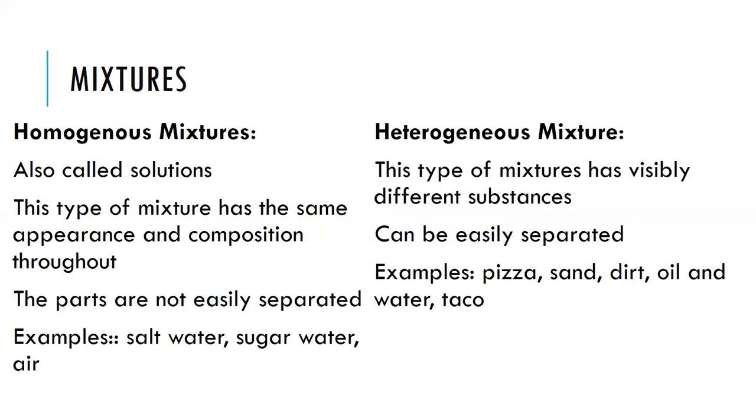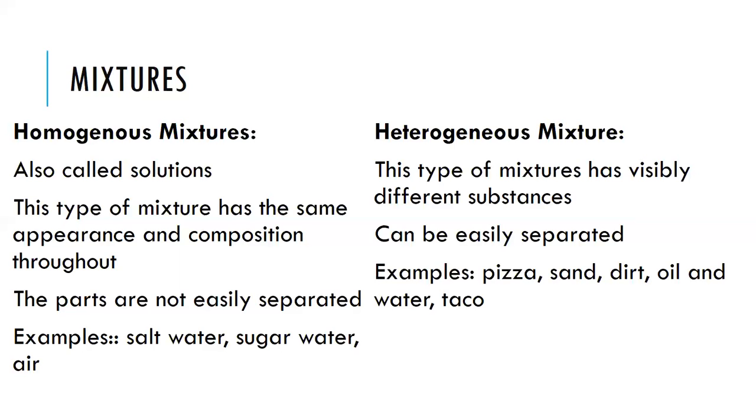The other type, heterogeneous mixture, has visibly different substances. You can look at this and easily say, oh, there's that, there's that, I can separate them. For example, a pizza. Like I said earlier, you could easily separate the parts. You can take off your pepperoni, put it in a pile, your cheese, put it in a pile, you could scrape off your sauce. I like to think of these kind of like the difference between salsa and pico de gallo.